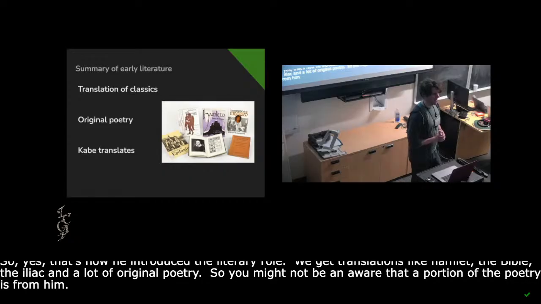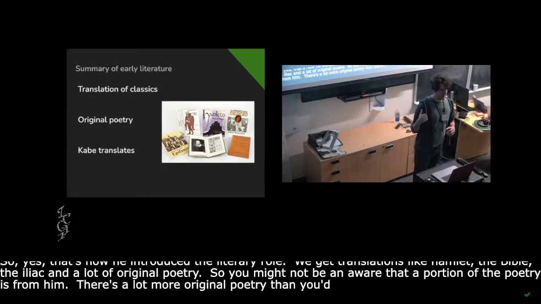You get not only these translations of the classics, you get this particular guy named Kabe who shows up in 1903 and just starts translating prolifically, nonstop, churning out works.